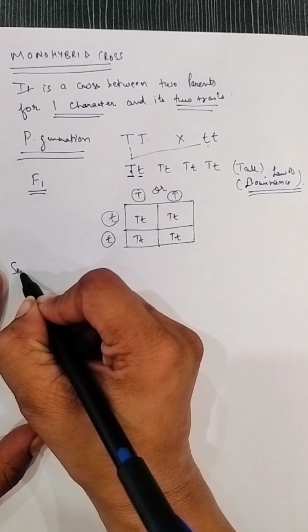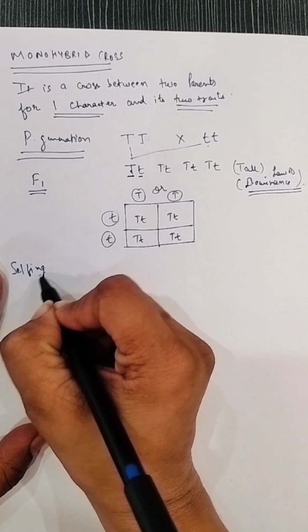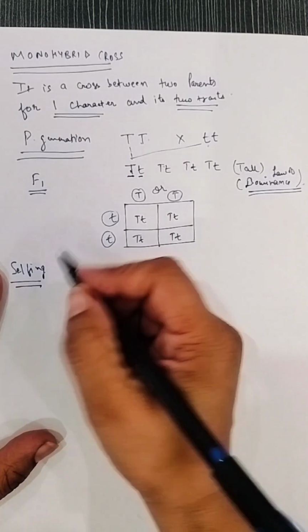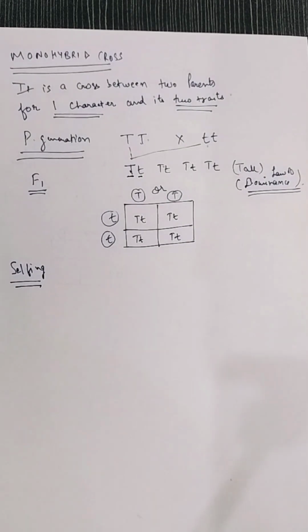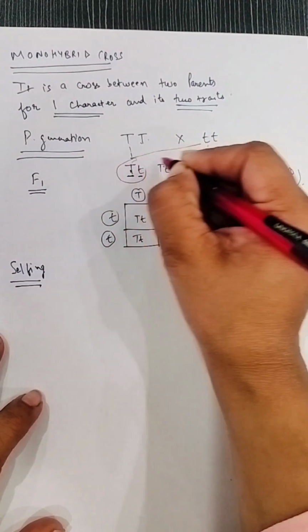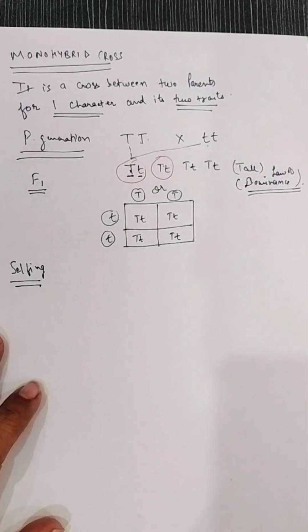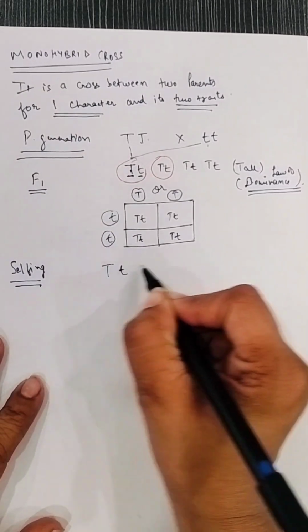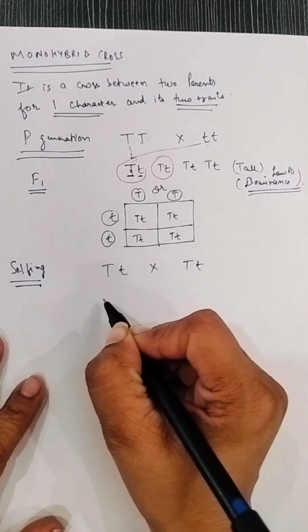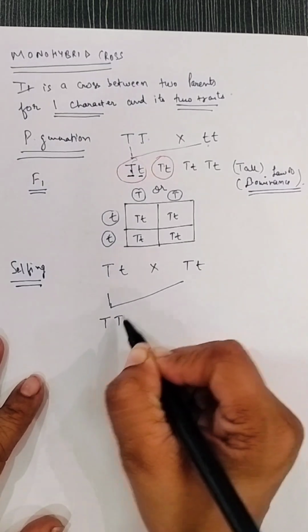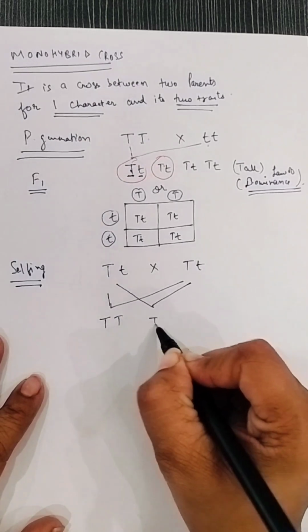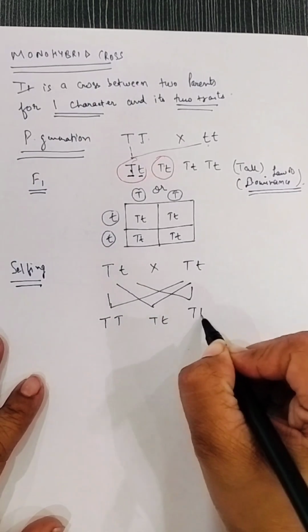Now, in order to get F2 generation, we have to perform selfing. Now, what is selfing? You have to take two members of F1 generation and allow them to cross. So, by this way, or again by making Punnett square, you will be getting the recombinations in this way.